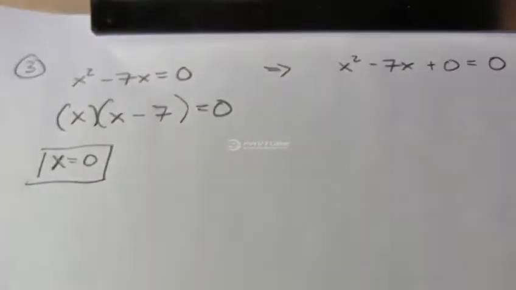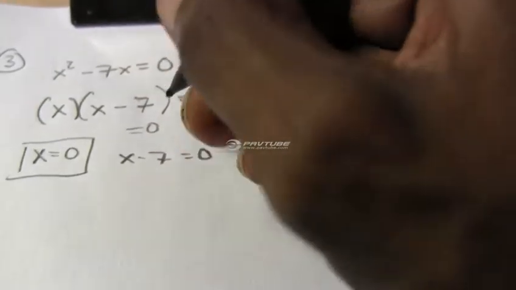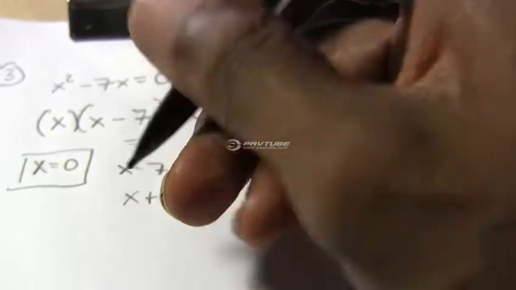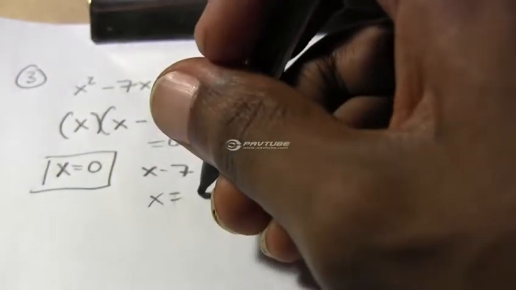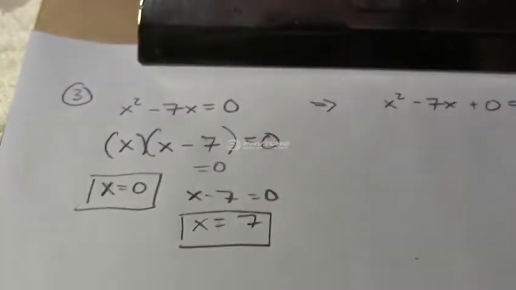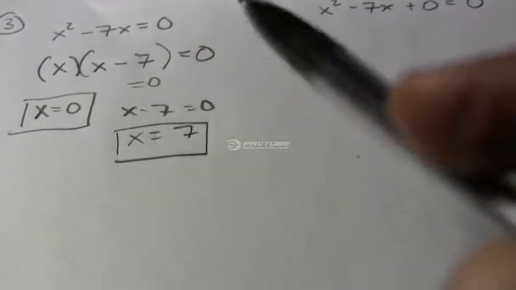That one's easy because there's nothing to solve. It's just x equals 0. And we do this one here, say it's equal to 0: x minus 7 is equal to 0. Move the 7 over. x is equal to positive 7. Easy peasy. So these are our roots: x is equal to 0, x is equal to 7.